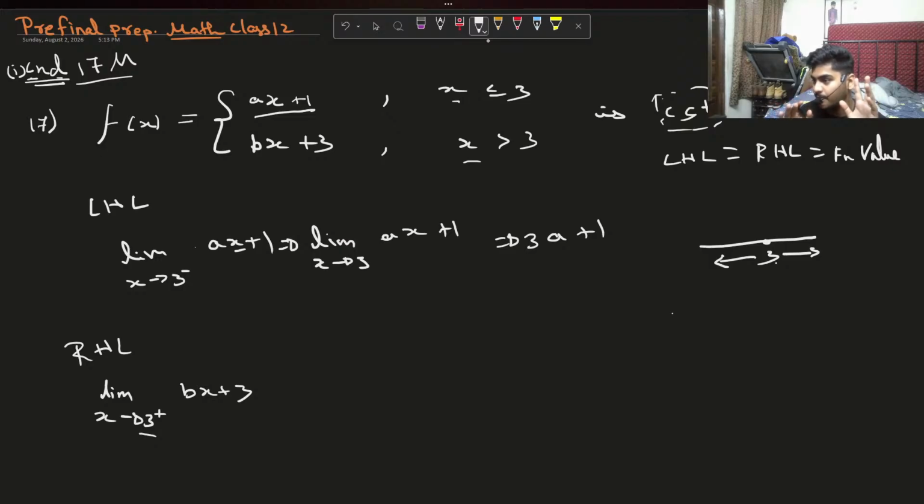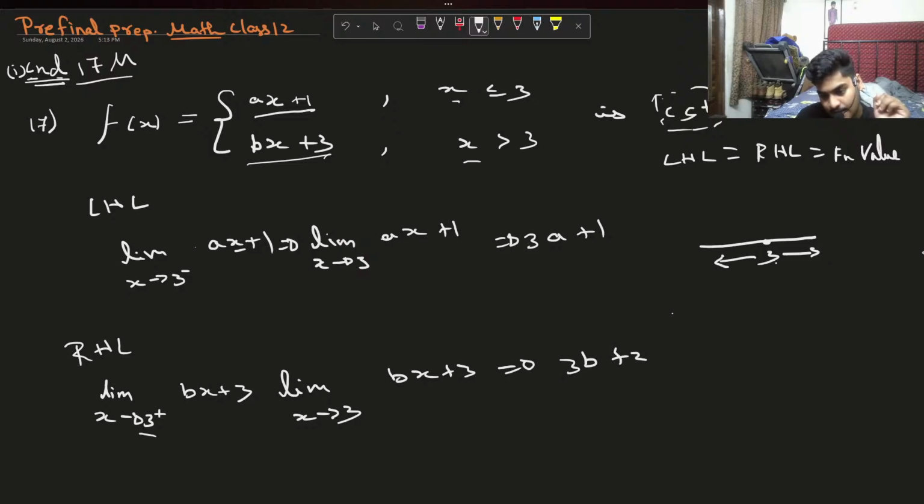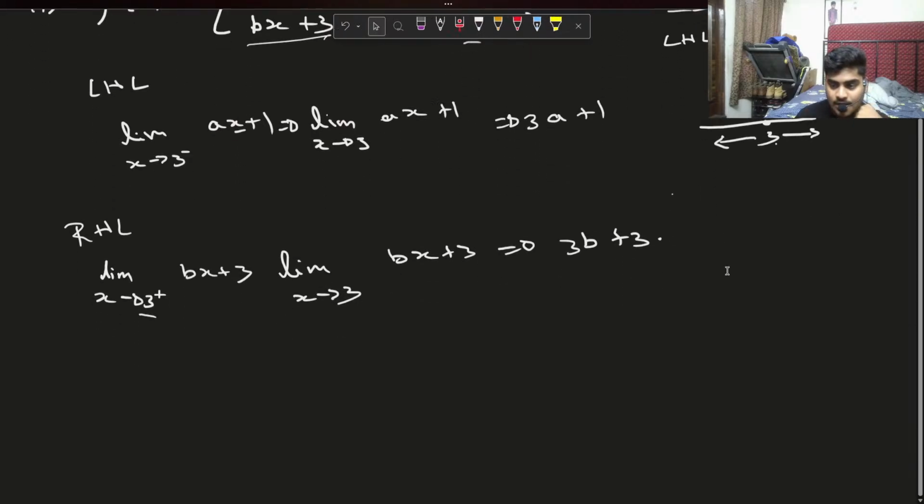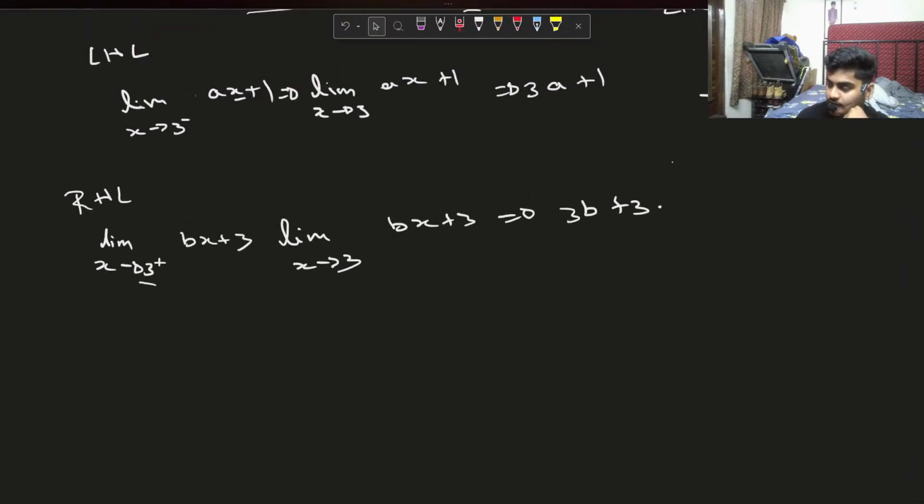So the next limit x tends to 3 plus of bx plus 3 becomes 3b plus 3.